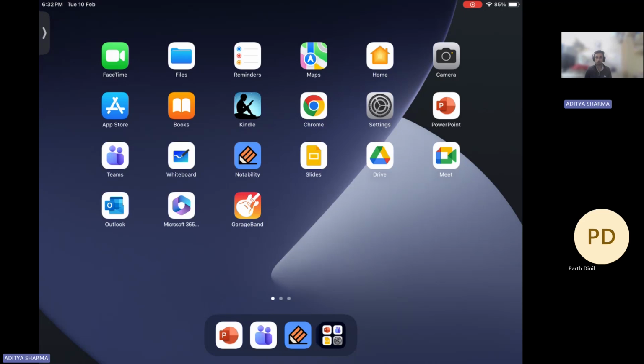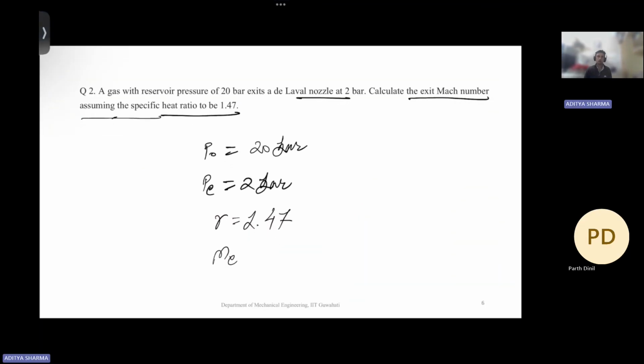You don't have to memorize them. It's not possible to memorize these big tables. But isentropic relations, these basic formulae you should know.